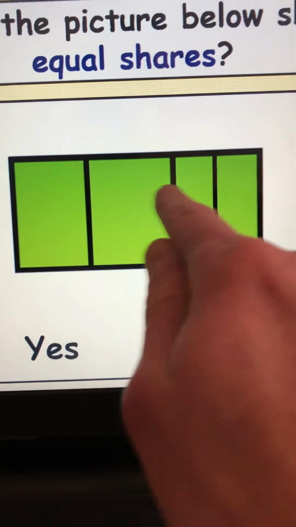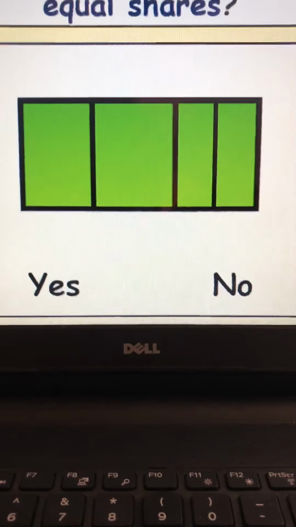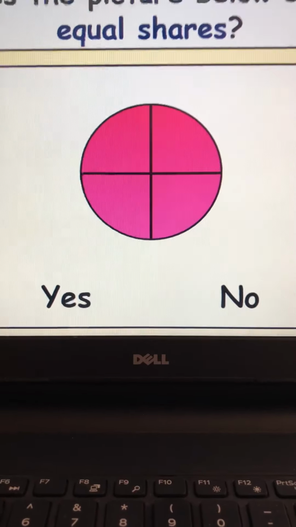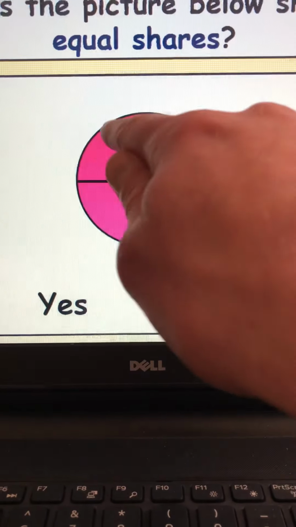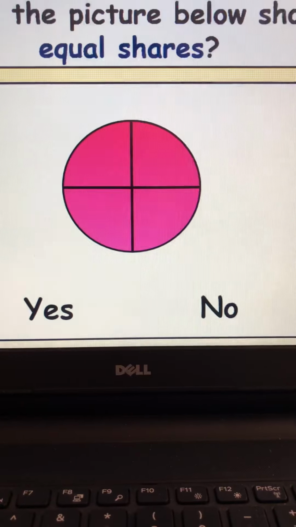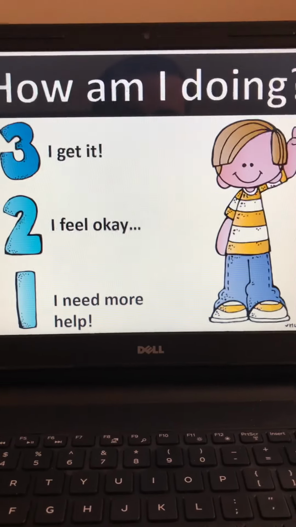But if you got this tiny piece, you would not be so happy. So no, not equal shares. How about the circle? Yes, it is 4 equal shares. They're all the same. How do we feel? This lesson's really not too hard.